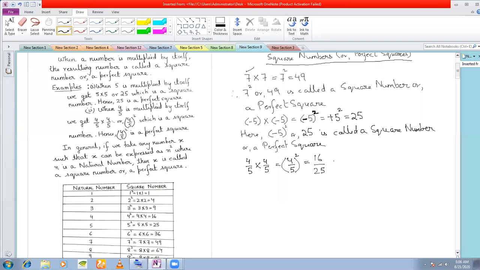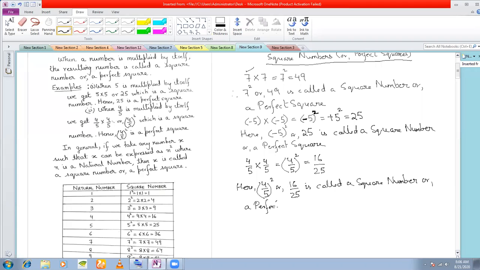Okay, 16 by 25. Here 4 by 5 square or 16 by 25 is called a square number or a perfect square.